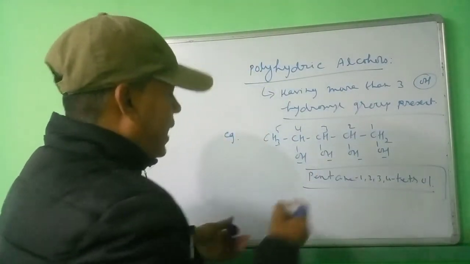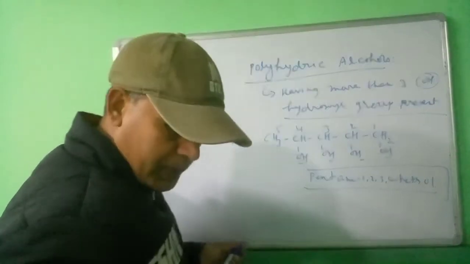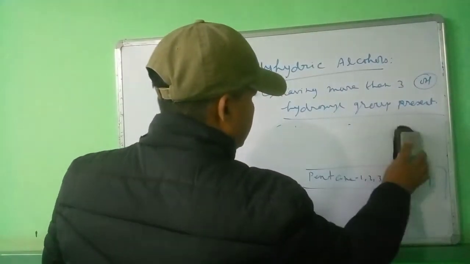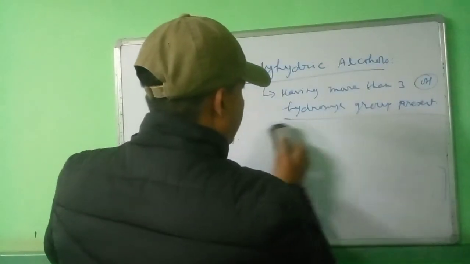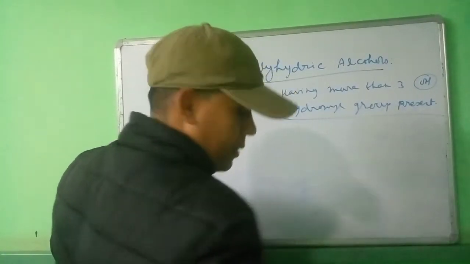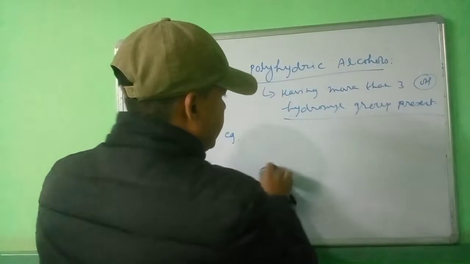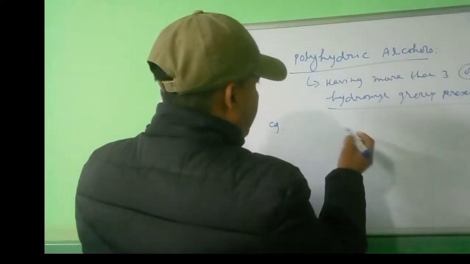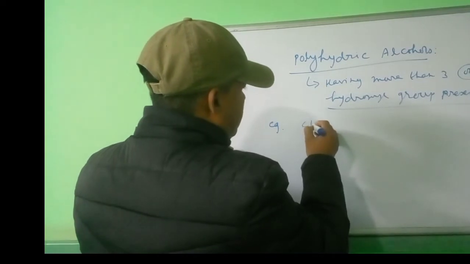Okay. If more than 4 are present, if the number of OH is 5, then what is the compound?